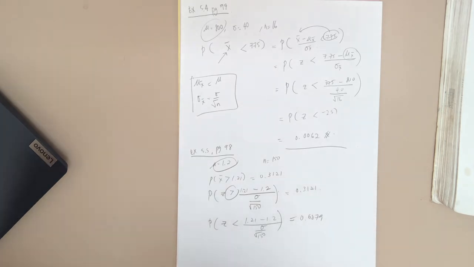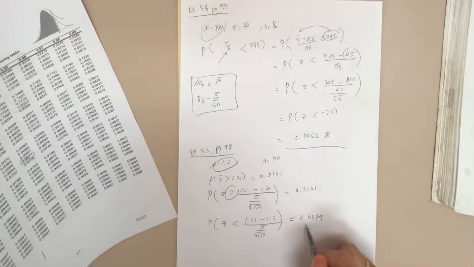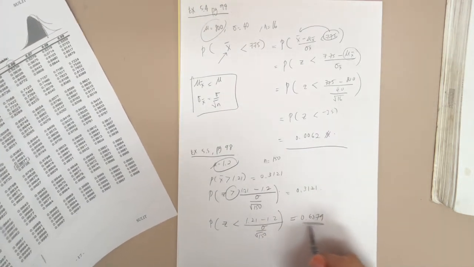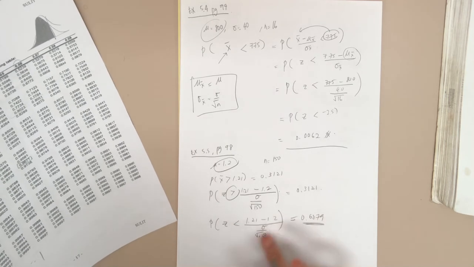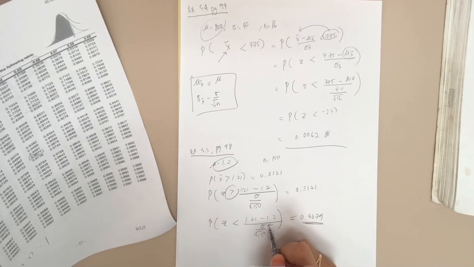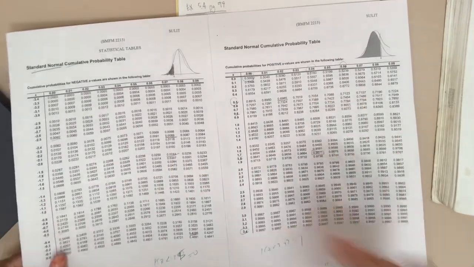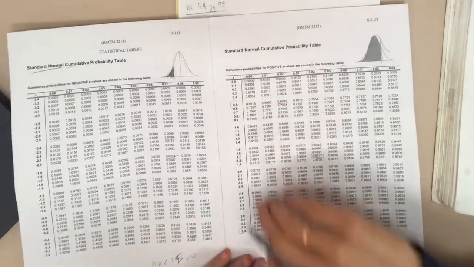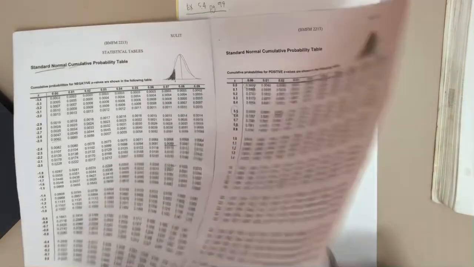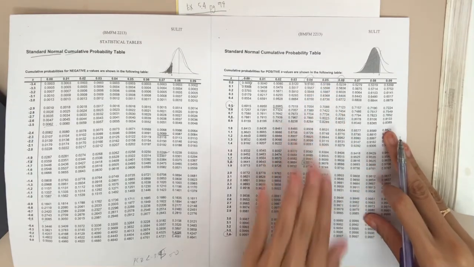So now, using the table, you need to find this value. Why do we want to find this value? Because our objective is to find the value of the standard deviation. So you need to find this value inside here, not this column. Since this is 0.6879, that means it is on the positive side.